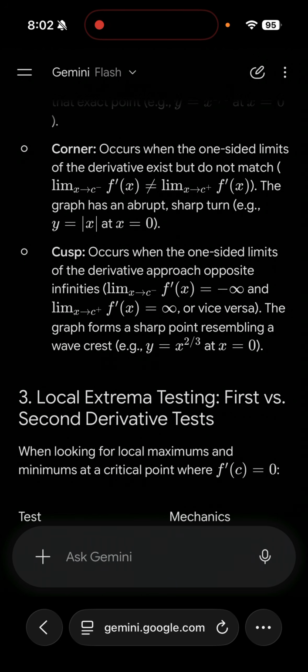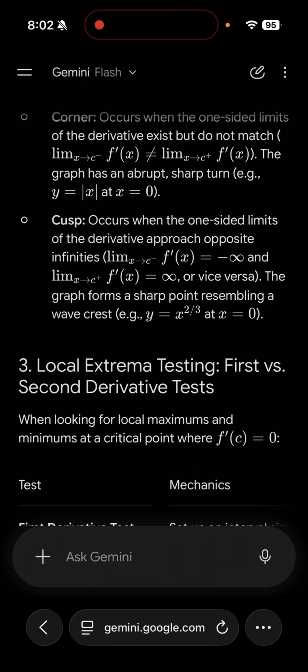A corner occurs when the one-sided limits of the derivative exist but do not match. So the limit as x goes to c from the left of f prime of x does not equal the limit as x goes to c from the right. The graph has an abrupt sharp turn. For example, y equals absolute value of x at x equals 0.